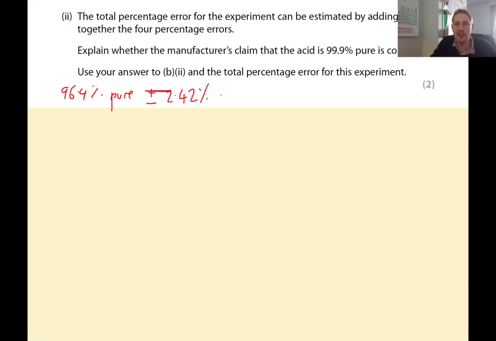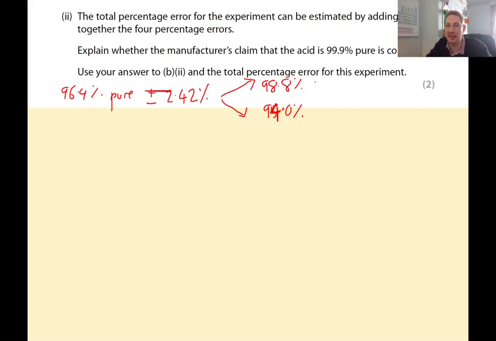So that means that the minimum value that can be, assuming that there's no mistakes made, is 94.0%, and the maximum value that can be is 98.8%. Sorry, that should be 94.0, because we're taking off 2.4%.